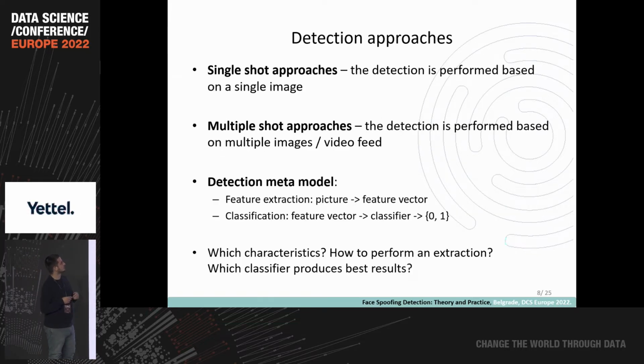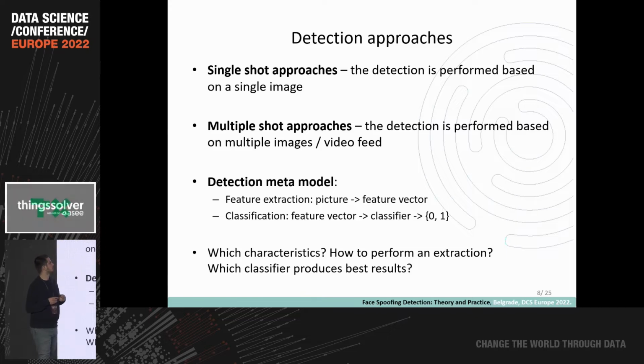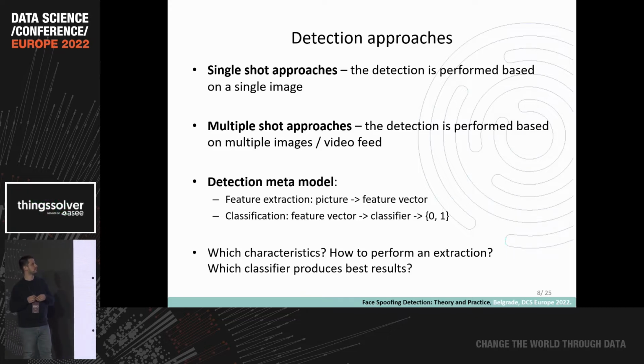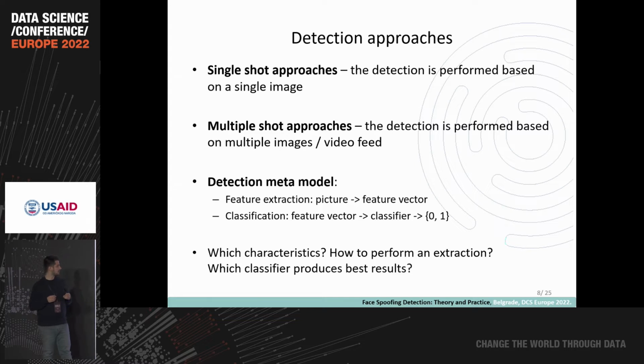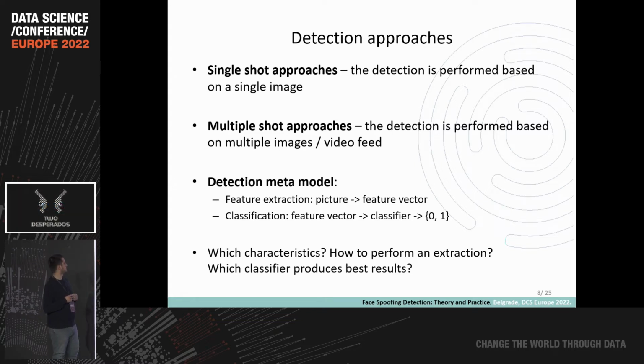A little bit about detection approaches. There are two main detection approaches: approaches based on a single shot, that is, actually on a single image, and much better, more recent approaches, where detection is performed on multiple images or even on a video feed.